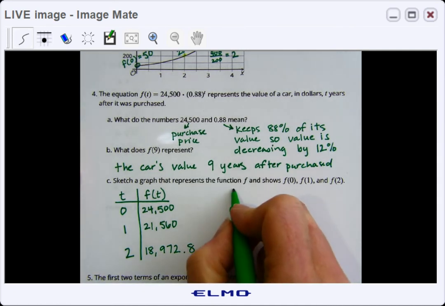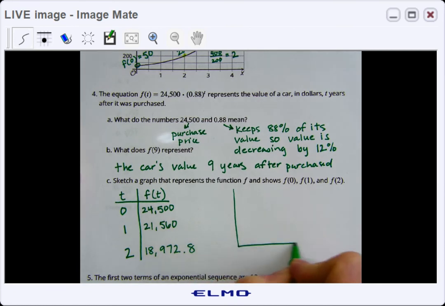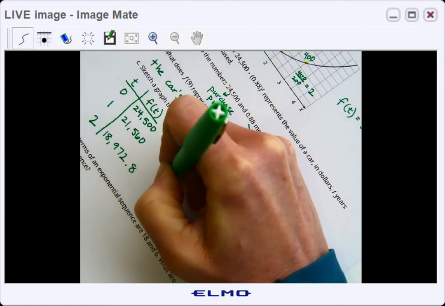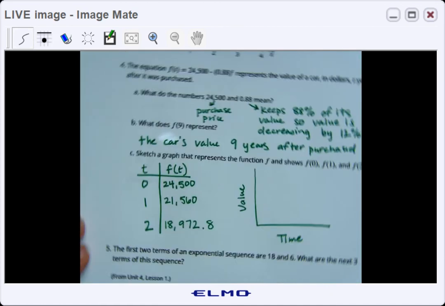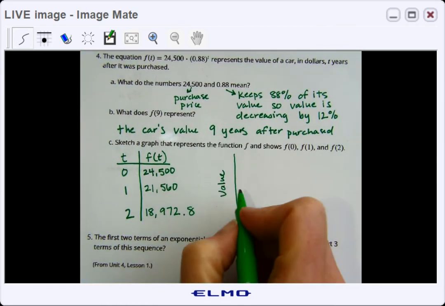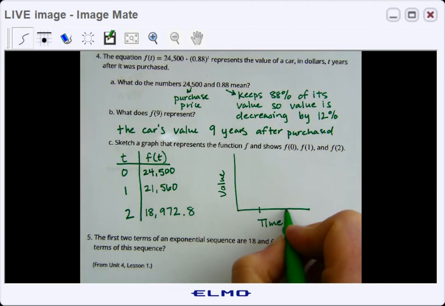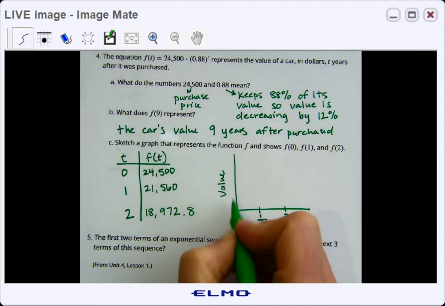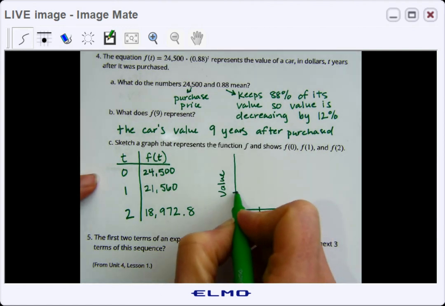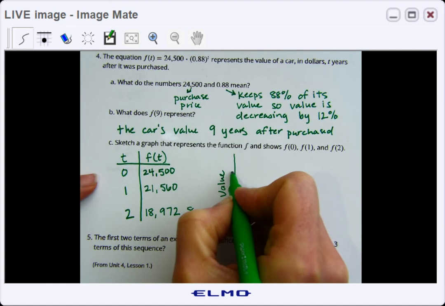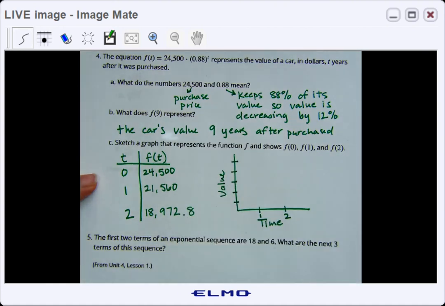All right, so on our little sketch, this is time, and this is the value of the car. And if we just estimate, here's 1 year, here's 2 years. And then maybe I would go up here and count by 5,000s: 5,000, 10,000, 15,000, 20,000, 25,000.